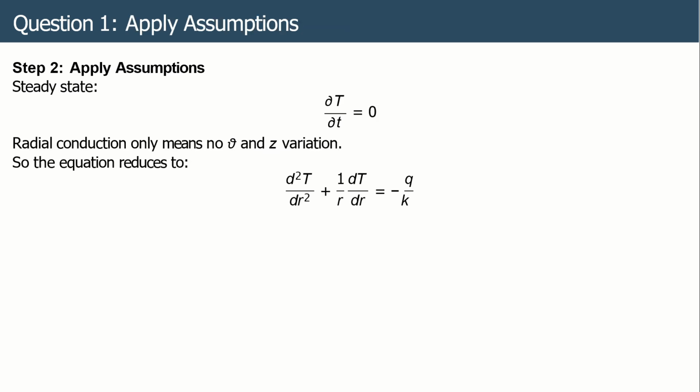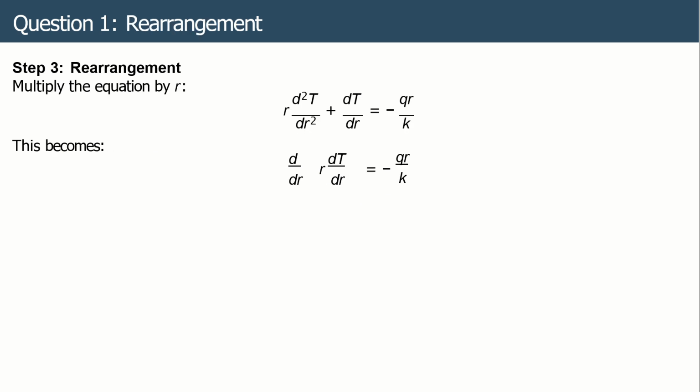Now we have to apply the assumptions, which are steady state, that is, the rate of change of temperature is equal to 0, and for only the radial conduction, the general energy equation will reduce to this, as there is no variation in theta and z direction. Then after rearranging this equation, multiplying the whole equation by r, we are getting this equation.